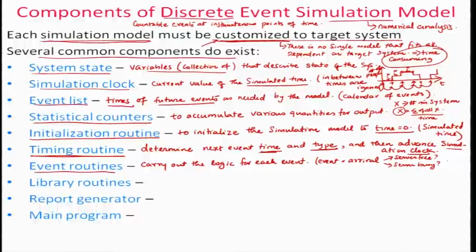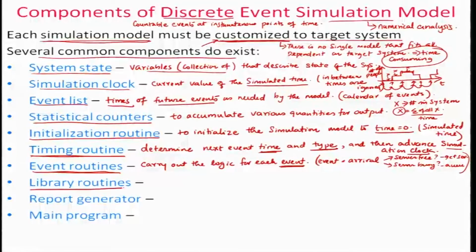Okay. If the server is free, then the person will immediately go to the server and get served. Otherwise, go to the queue. Okay. So, this logic, what happens when this particular event happens, is taken care of by the event routine. How each event, when it happens, should immediately proceed is determined by the event routine.